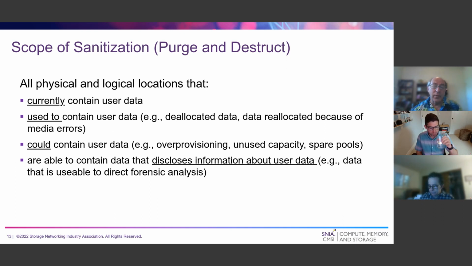For example, if you have an error log that says LBA 45 through 100, where you had an error at one point, that could give you a clue as to where to look in a 50 terabyte hard drive. Instead of looking through the whole thing, the error log and other logs like that can tell you where things were actually used. So we sanitize those hints as well.